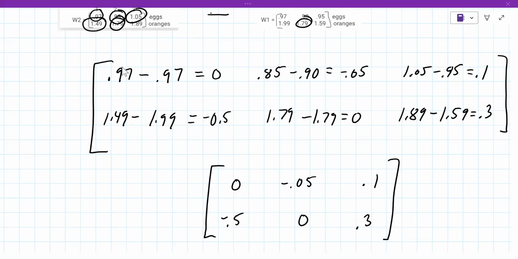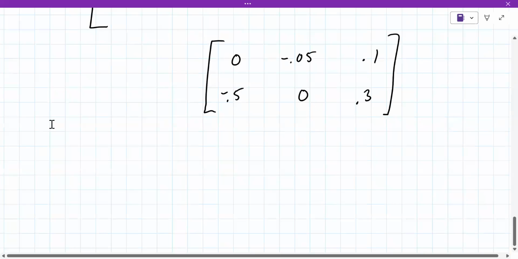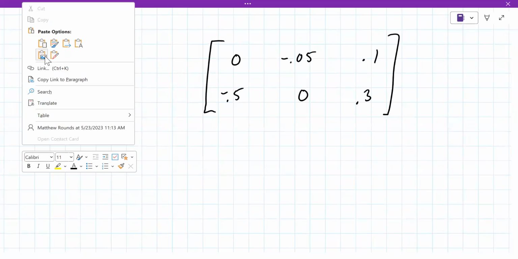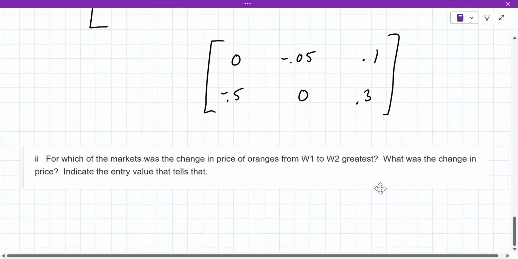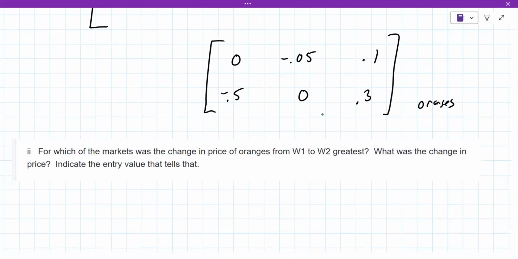All right, that's part one. Part two is based on the results, so I'm going to snip that in. It says, for which market was the change in price of oranges the greatest? So oranges are on the second row.